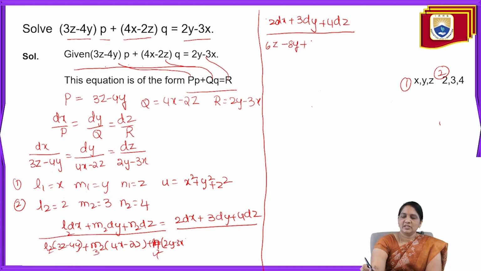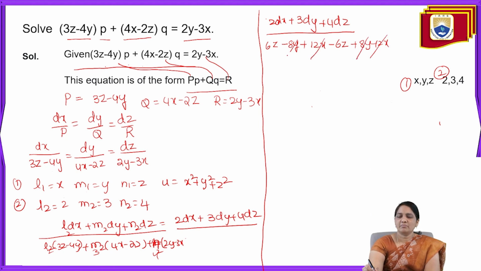So now 3 into 4 is 12, so 12x minus 3 into 2, 6z. Next plus 4 into 2, 8y, minus 12x. So plus 12x minus 12x, plus 8y minus 8y, 6z minus 6z. So it is now 2 dx plus 3 dy plus 4 dz equal to 0.